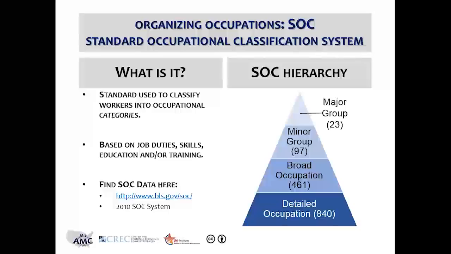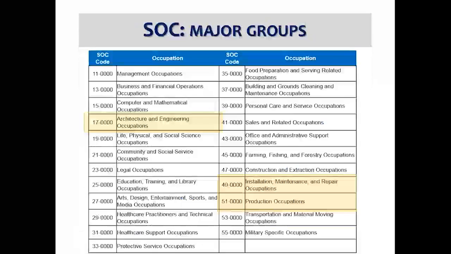And it comes with 4 levels. So you've got a numbering system where the more digits that are added to a SOC code, the more specific the detail on a particular occupation becomes. So you have the major group, a minor group, a broad occupation, and a detailed occupation.